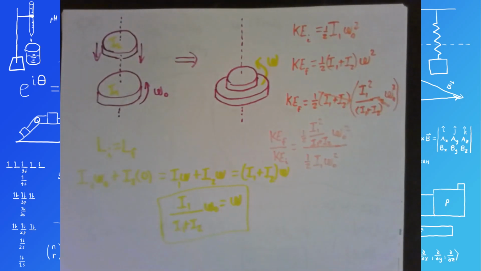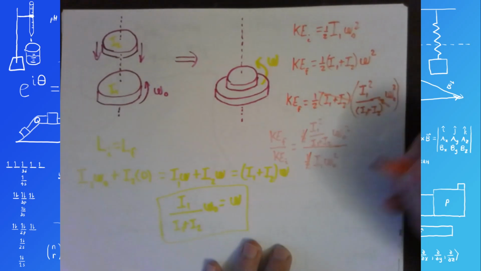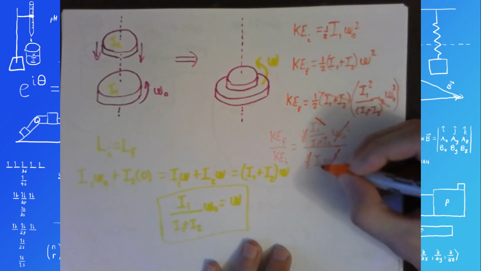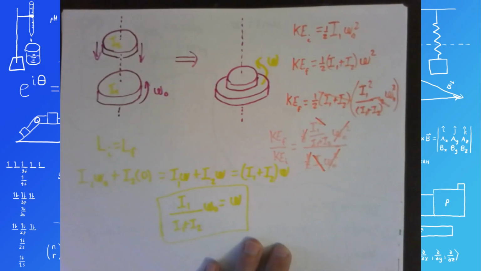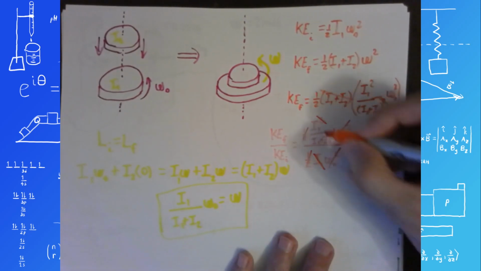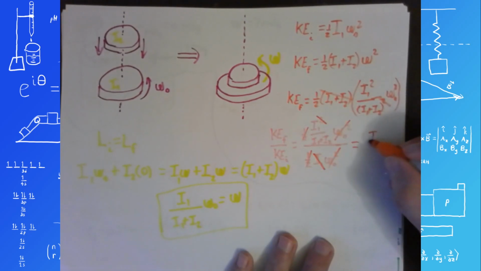We can cancel the 1/2. We can cancel omega 0 squared. We can cancel one of the I1s. And we are left with I1 over I1 plus I2.